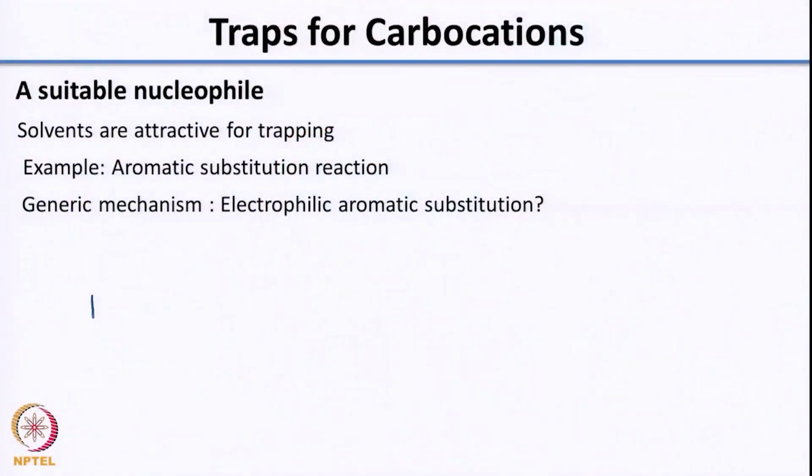So this is your benzene, and if you have an electrophile, then you generate a carbocation here, and now this is again resonance stabilized. So you can write multiple resonance structures.